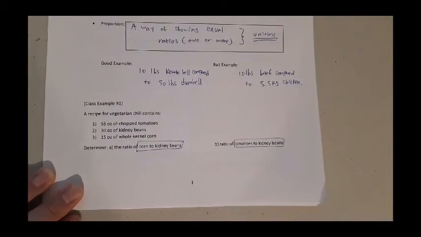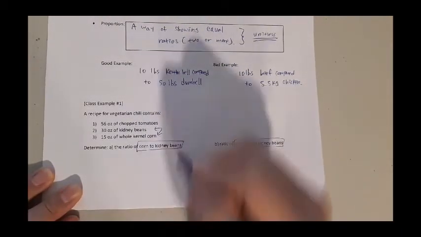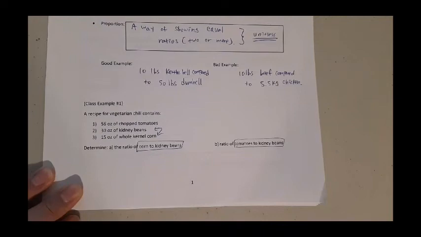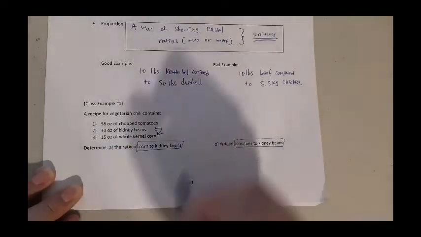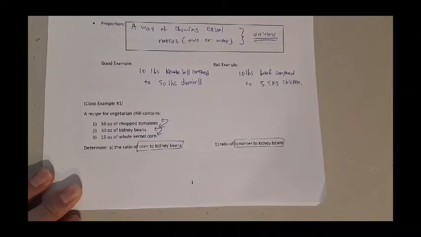Let's deal with the first one first: corn to kidney beans. Note that corn should come first. And B, the ratio of tomato to kidney beans. Again, the order is tomato to kidney beans.